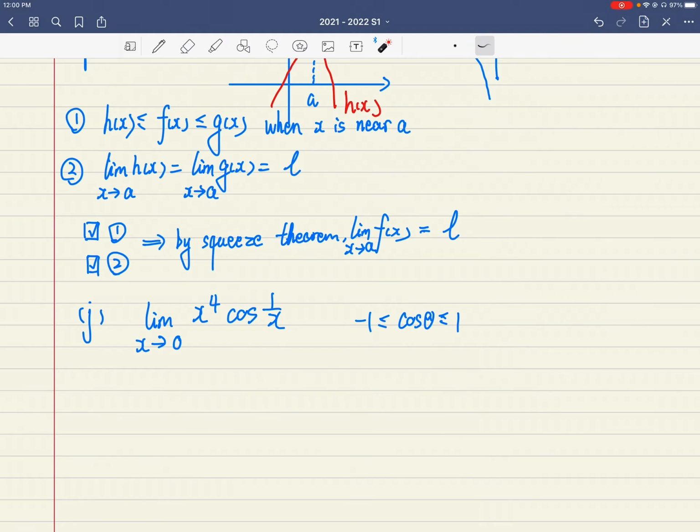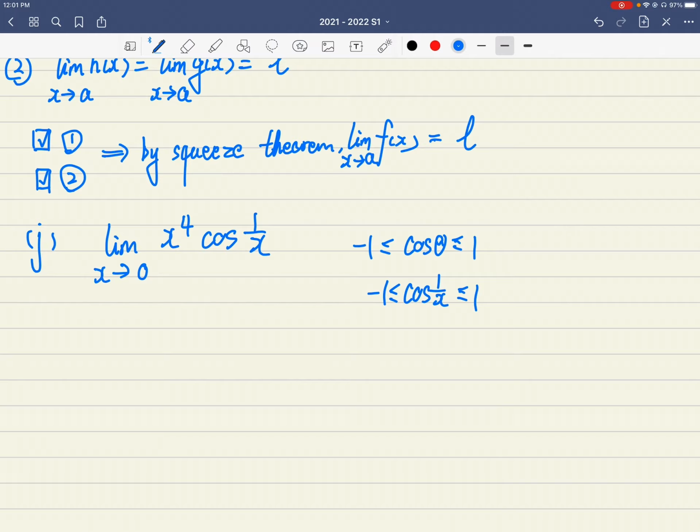So this is an inequality that could easily give us the higher function and the lower function. Whether inside it's 1 over x or x squared or whatever, cosine of 1 over x is always between -1 and 1.